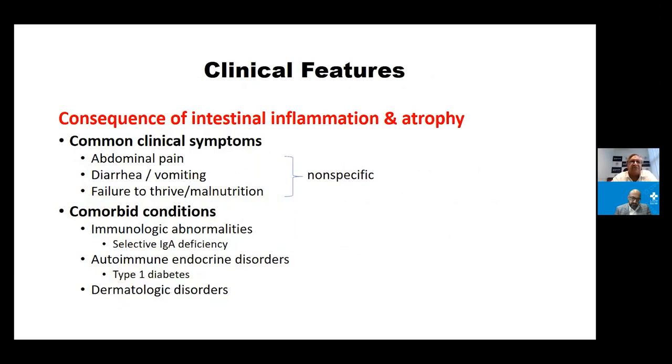There may also be comorbidities because there are immunological abnormalities, and selective IgA deficiency is very common in celiac disease. There is also close association with type 1 diabetes mellitus and some dermatological disorders.